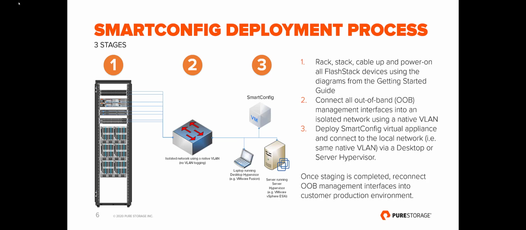SmartConfig can then be deployed on top of either, say, a laptop that's running VMware Fusion, or you can have, say, an ESXi server and then deploy the SmartConfig OVA on top of that. It does this via a private DHCP network, and then once the configuration is complete, you can then reconnect your out-of-band management interfaces into that customer production environment.